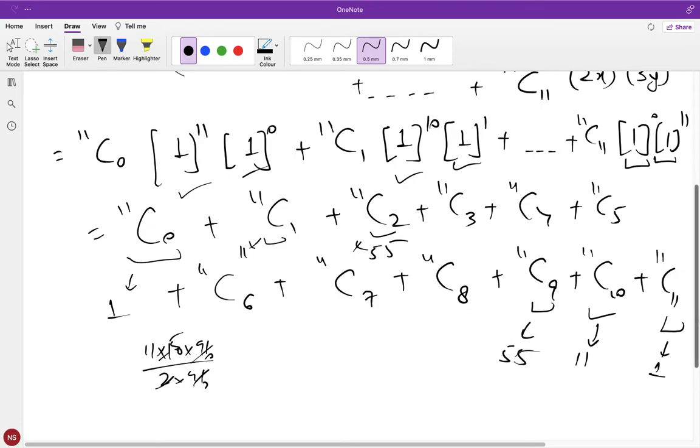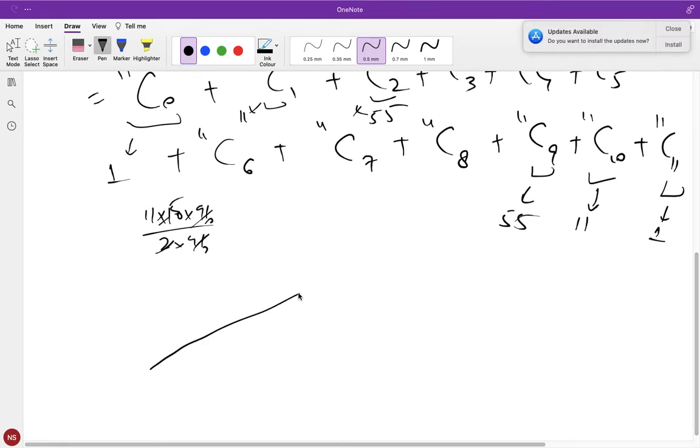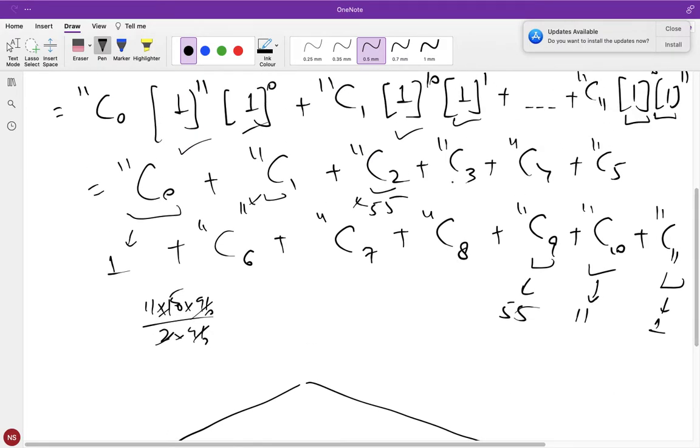So you can see that the value of these coefficients first increases and then it decreases, right? This is equal to this, and this is equal to this. So 11c5 and 11c6 are equal to each other and they are the maximum values.